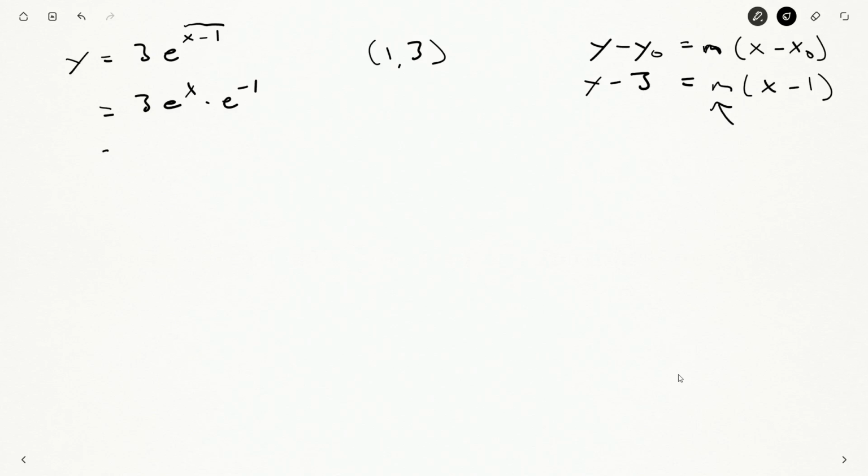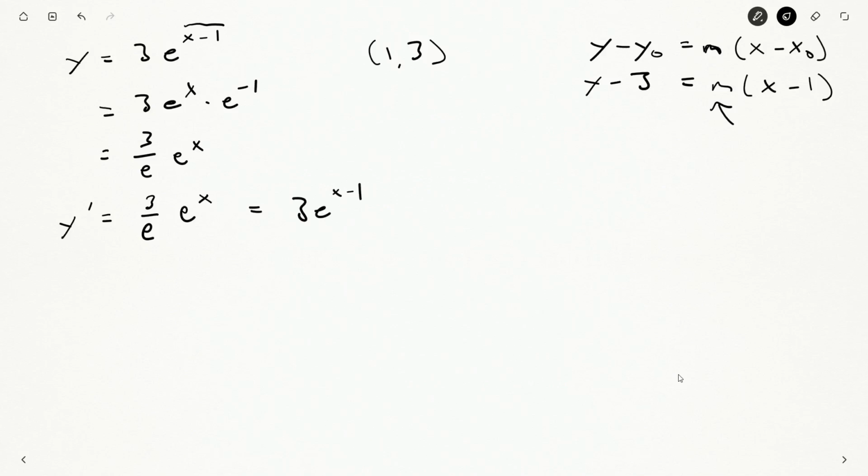So this is really 3 over e times e to the x. And when I do that, well, the derivative's a lot quicker. The constants stay where they are, and what's the derivative of e to the x? Why, it's e to the x. It's not so bad. In fact, that function is its own derivative. And that's pretty nifty.